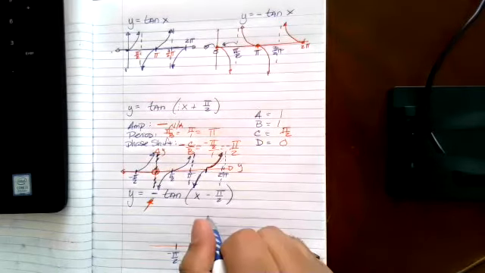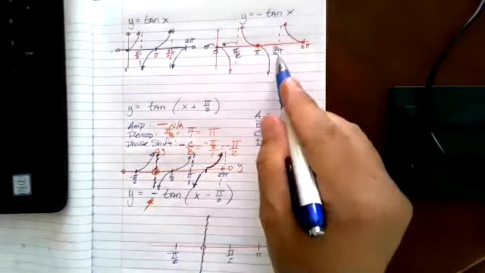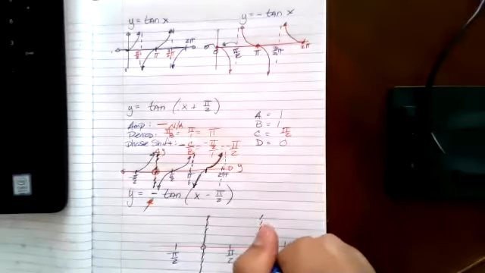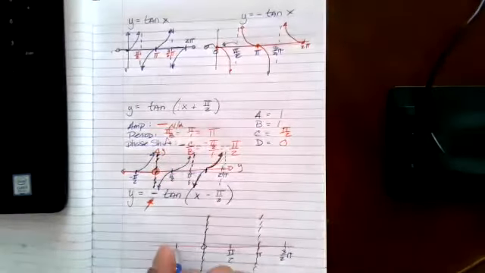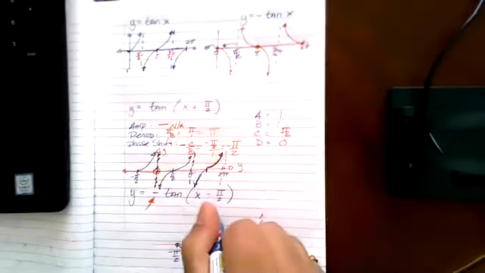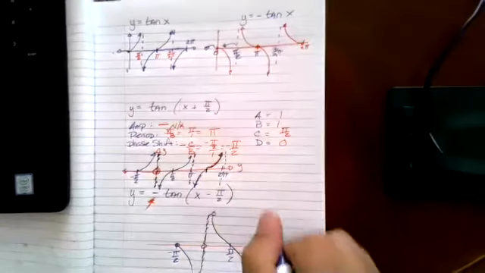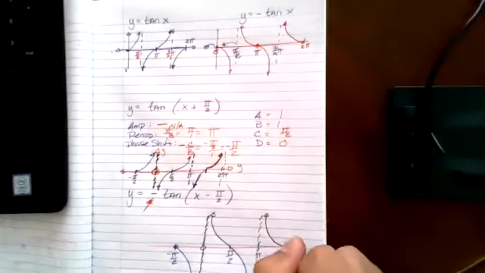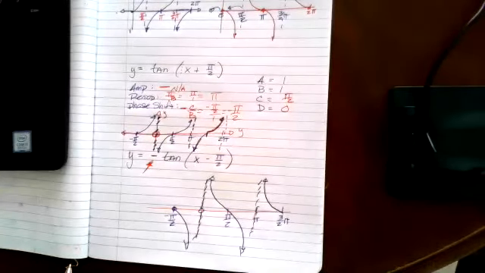And the same thing, my asymptote moved over half a pi. So it once was at 1.5 pi, now it's at pi. What once was at 0 is now here at negative half pi.